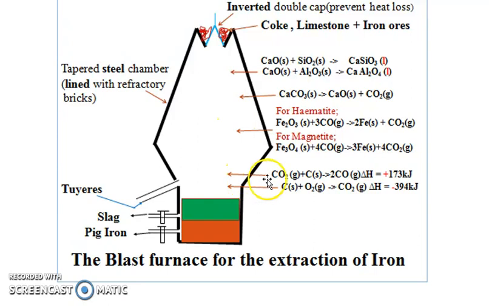And these are the equations that are taking place at all the points of the blast furnace. So kindly remember to get all these equations because they are very important and they explain whatever is taking place. So that is what we have for extraction of iron.